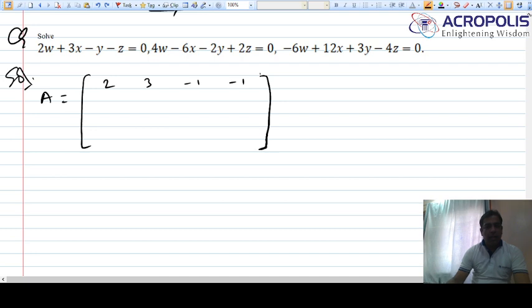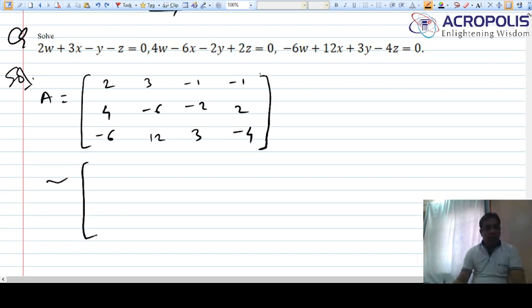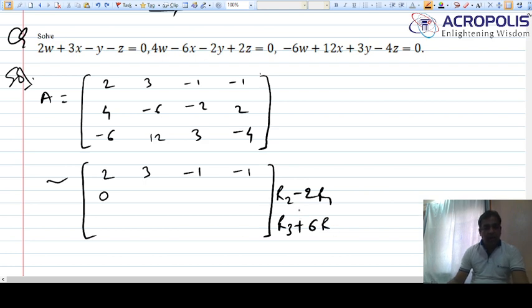Other row is 4, minus 6, minus 2, 2. Minus 6, 12, 3, minus 4. So on reducing it to echelon form, apply the operation R2 minus 2R1, that is it will become 0 here, and R3 plus 3R1.